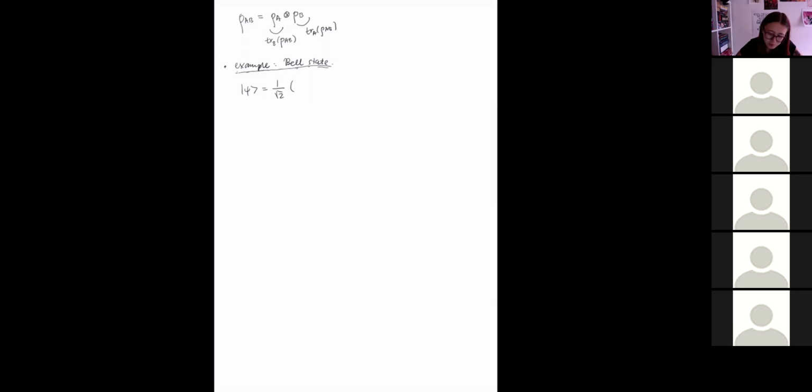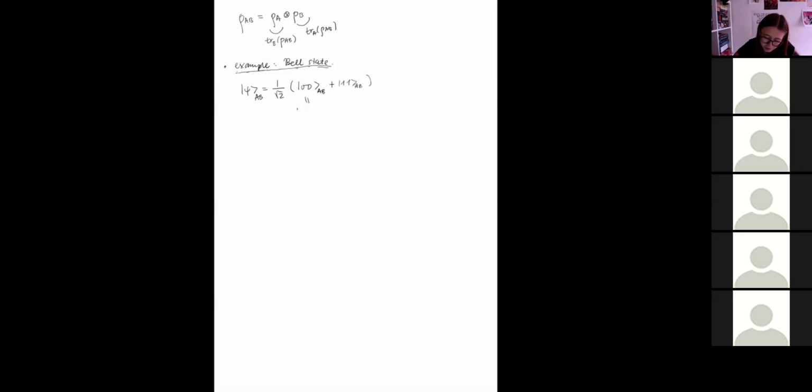So in particular we will be looking at the state psi, which is the joint state of two qubits, A and B, and it's the state 1 over square root of 2, (|0,0>_AB plus |1,1>_AB).